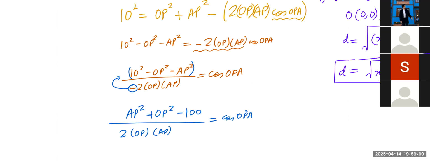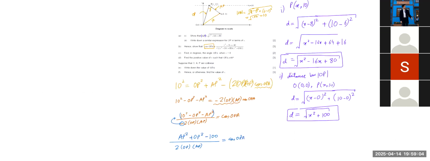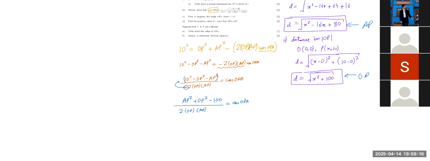Now, what I'm going to do is go back and realize that I know what AP is, and I know what OP is. I'm going to plug them in for what they are. Remember, AP is the square root of x squared minus 16x plus 80, which means AP squared will be the same thing without the square root. So AP squared is this.